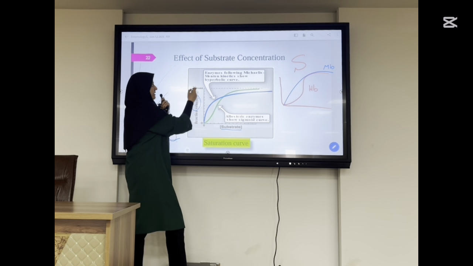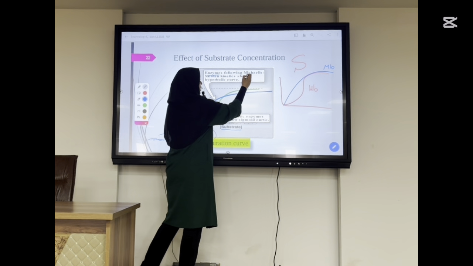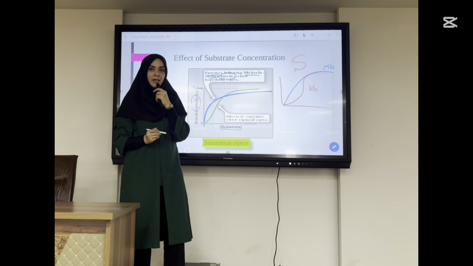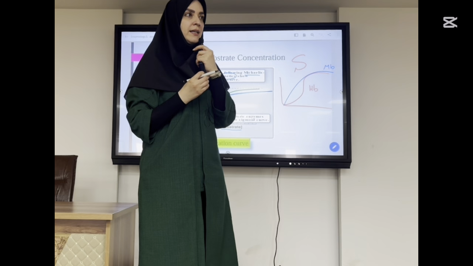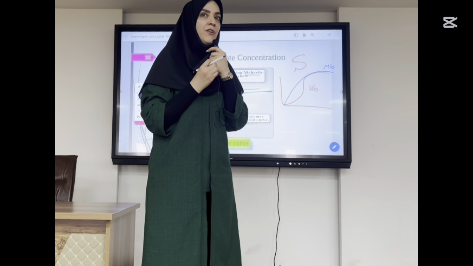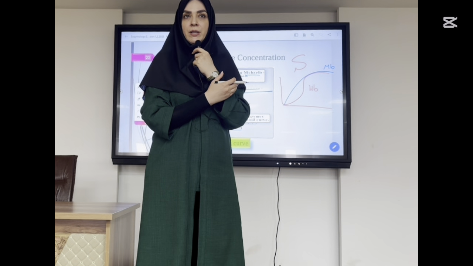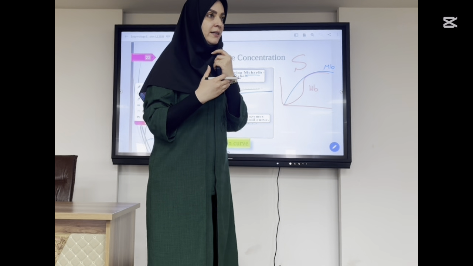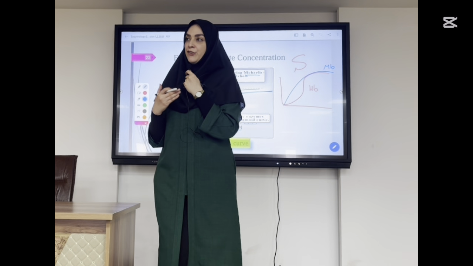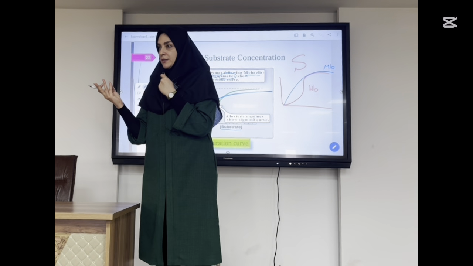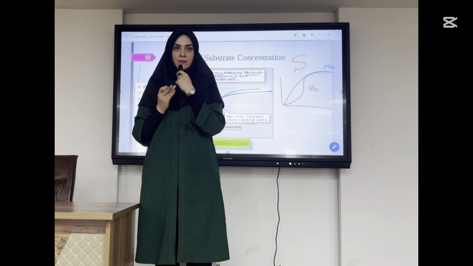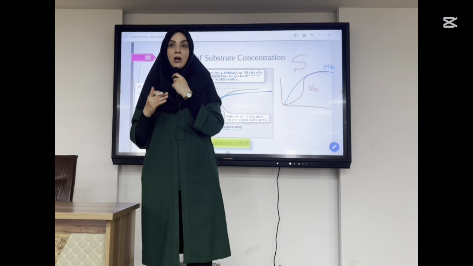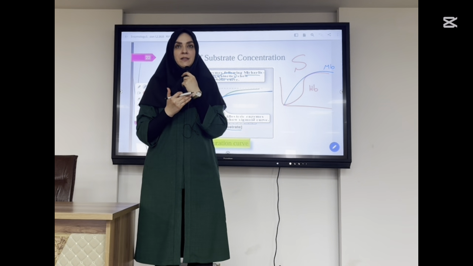One of them is for enzymes that follow the Michaelis-Menten mechanism and kinetics. What does kinetic mean? Kinetics is a field of science in biochemistry where we study the effect of different factors, like substrate concentration, enzyme concentration, temperature, and pH, on the activity of the enzyme.